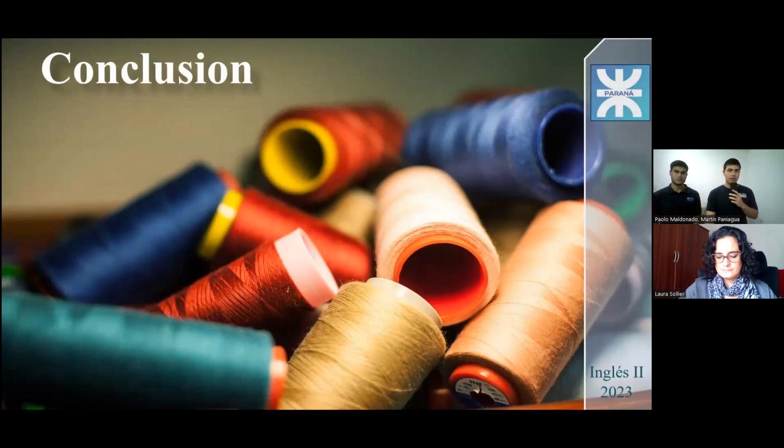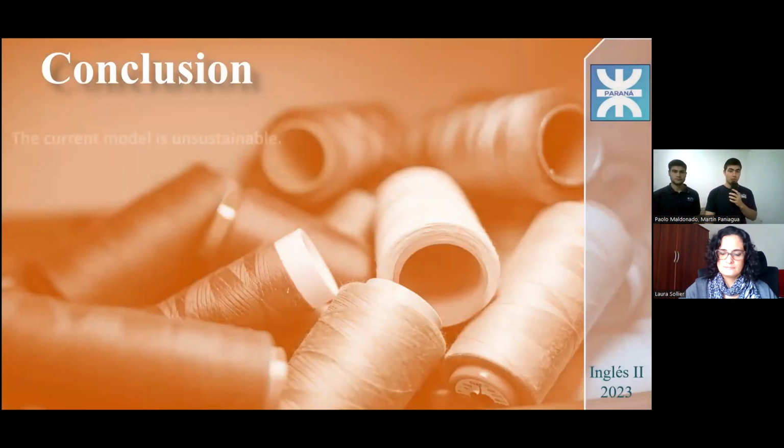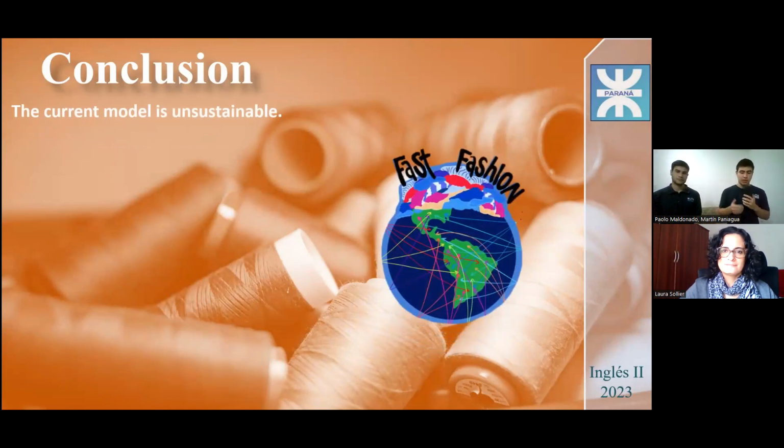In conclusion, the current production model is not sustainable due to its great environmental impact. Although the approaches presented in this paper contribute greatly to reducing textile waste generation, they are not totally sustainable because they continue to generate environmental impacts.